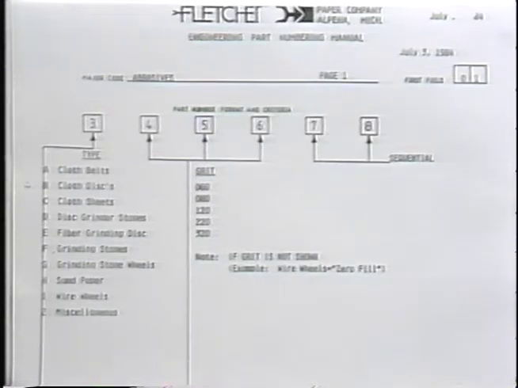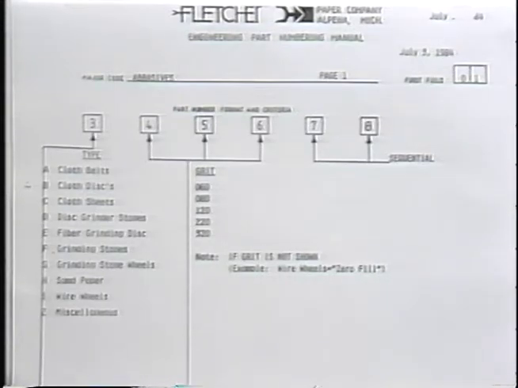They listed the 5 different grits. And there's a note relative to the grit, and it says, if there is no grit shown, and since this is a numeric field, and since this is a part number, we've got to zero fill.